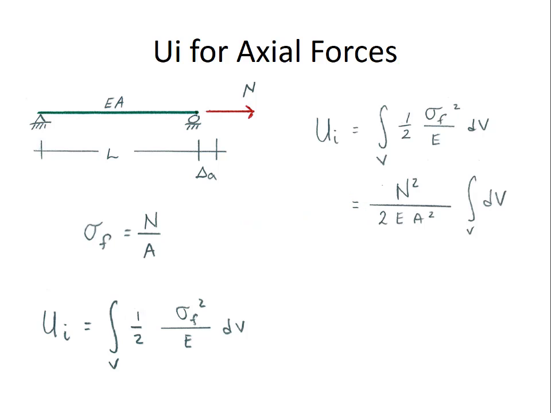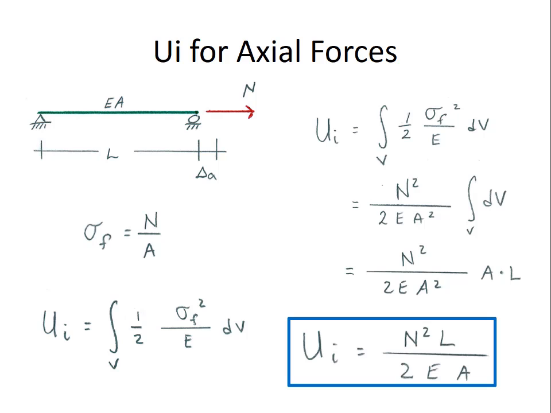We're assuming that the modulus and the area are constant as well, and so we're left with just the integral over the differential element of volume. Well, the integral over the volume of dV is just the volume. The volume of the rod is its cross-sectional area times its length. We substitute in that result, simplify, and we get that the internal strain energy in a prismatic axially loaded rod is N squared L over 2EA.